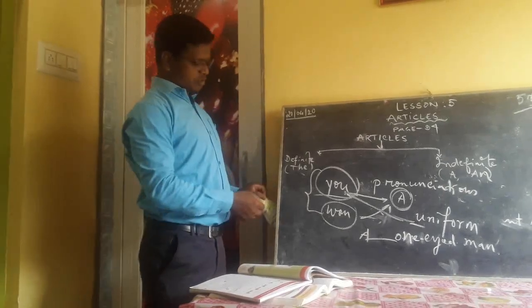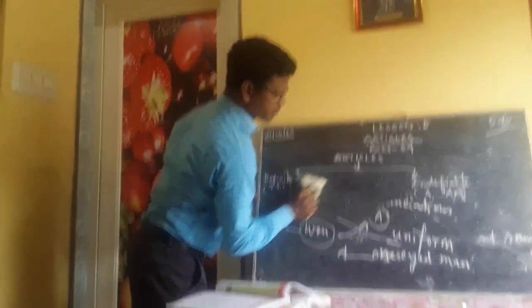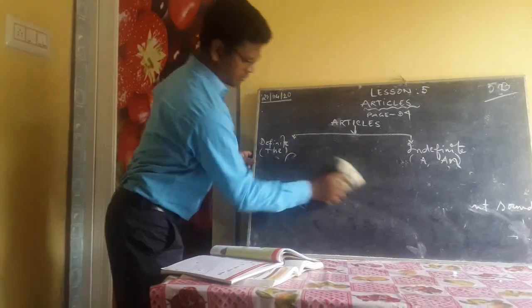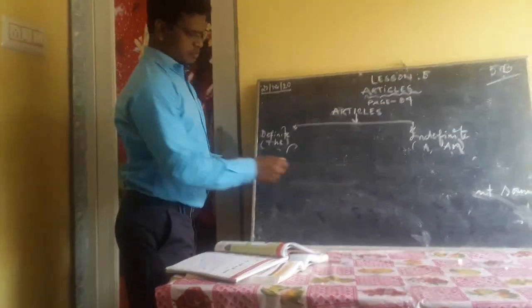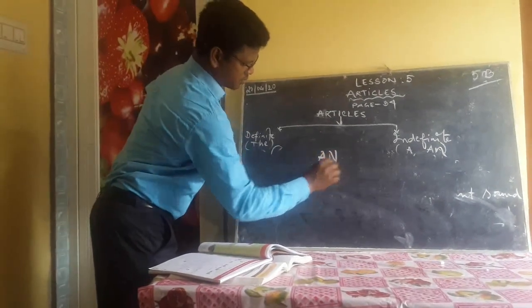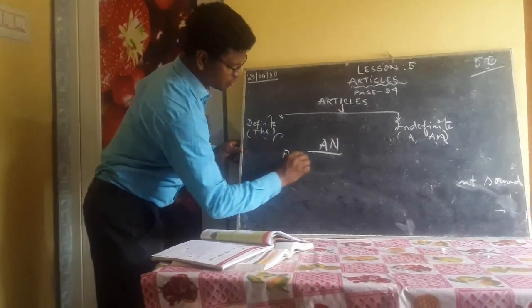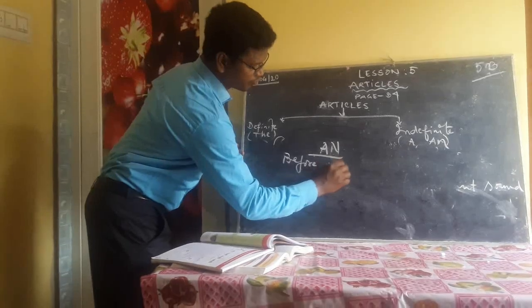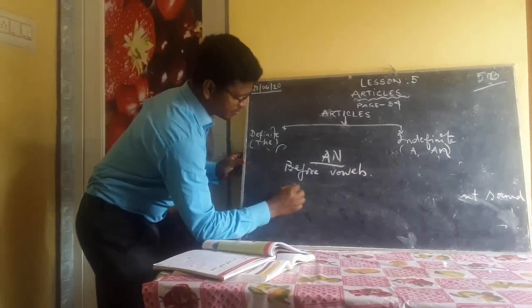Now we will talk about an. An is used before vowels. Just like umbrella.